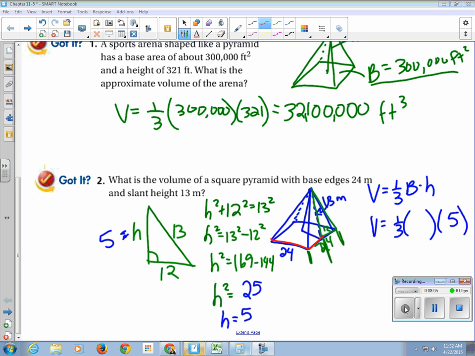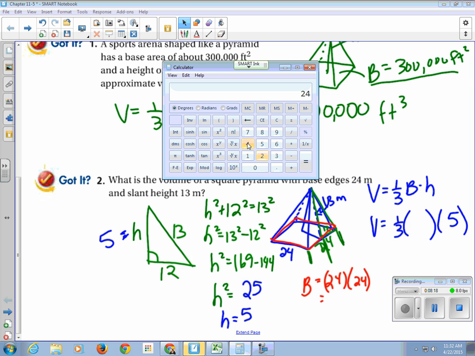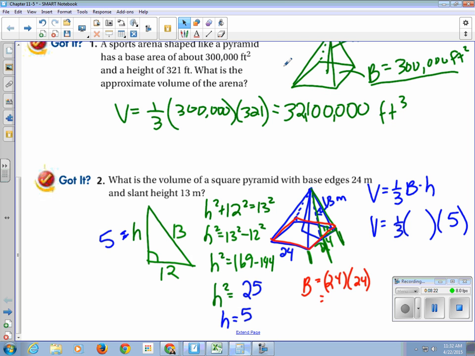I have a square. To find the area of the square, I would take 24 times 24, and that is 576.